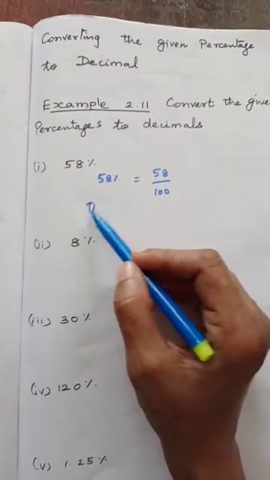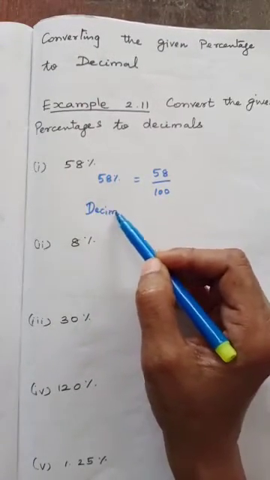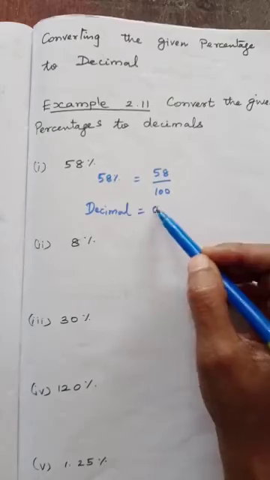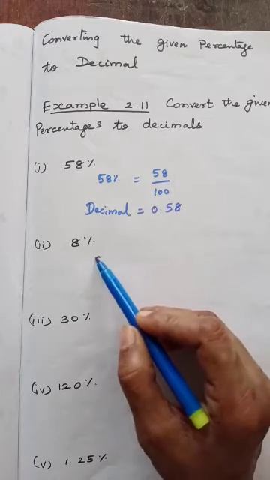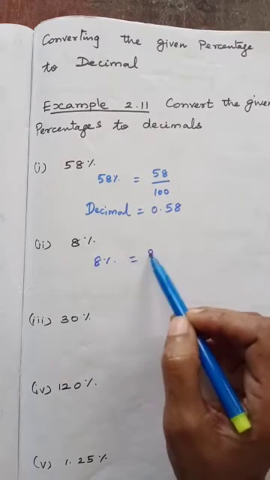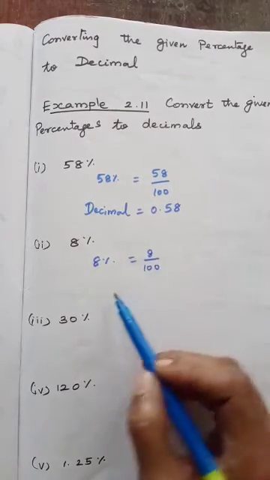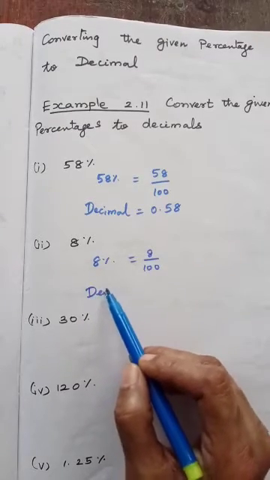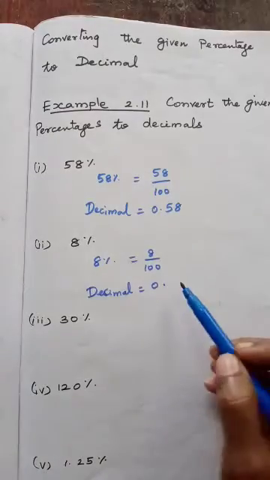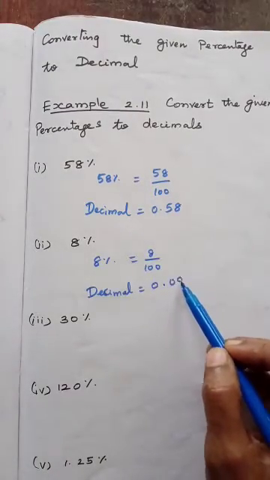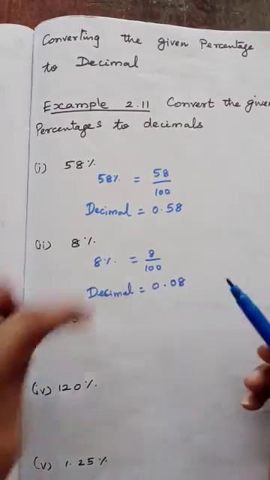So decimal is equal to 0.58. Then 8 percentage. So 8 percentage means 8 by 100. Now decimal is equal to 0.08.